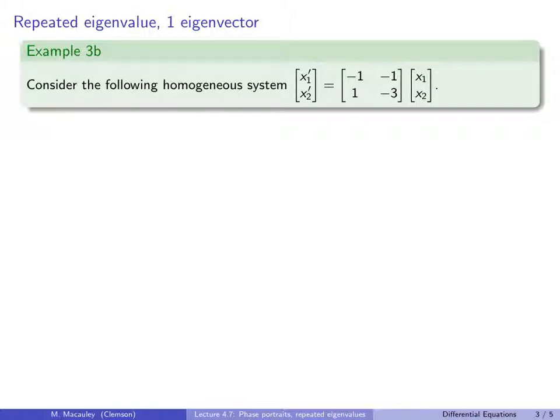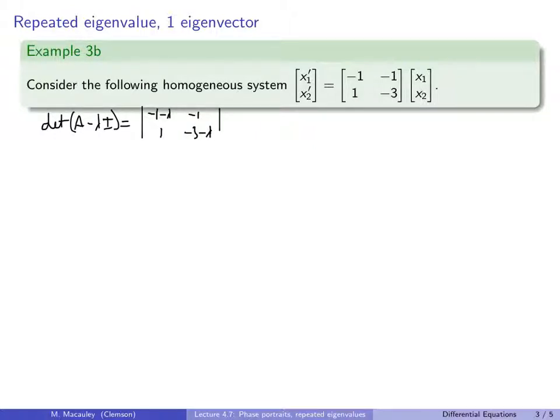I think we may have actually found the eigenvalues and eigenvector of this matrix a few lectures ago, but it doesn't take long to do it again, and it's good practice. So the determinant of A minus lambda I is negative 1 minus lambda, negative 1, 1, and negative 3 minus lambda.